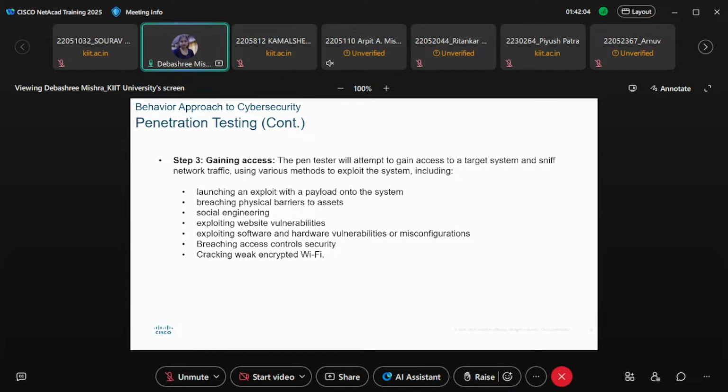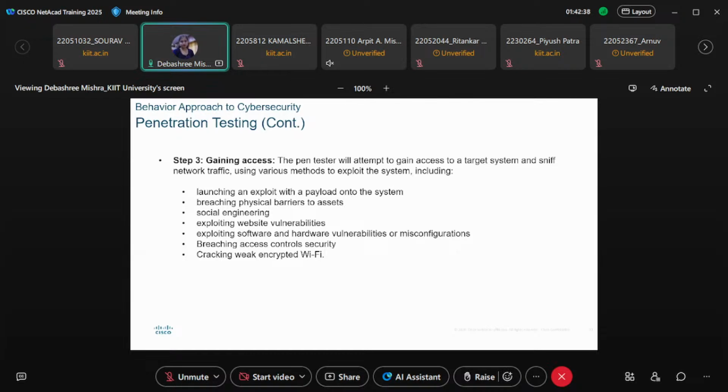Now, third is gaining access. In this step, the pen tester attempts to gain access to the targeted system by sniffing your network traffic and by using various methods to exploit your system. They will check into launching an exploit with a payload into the system, breaching physical assets, and social engineering.